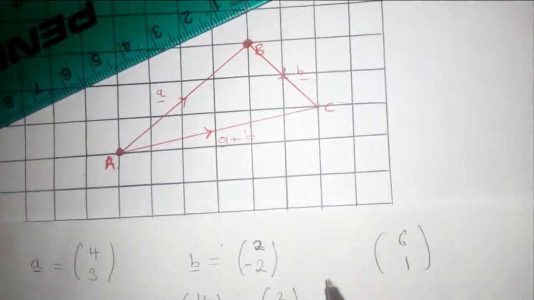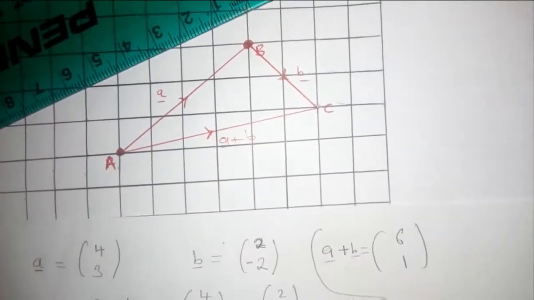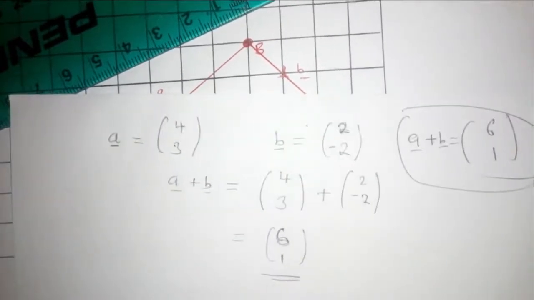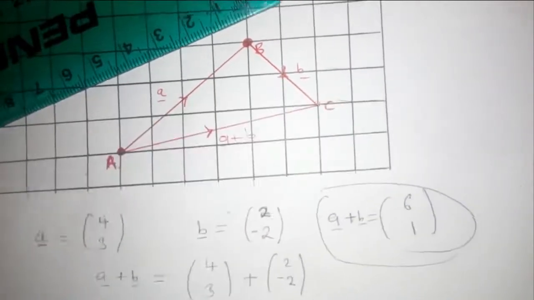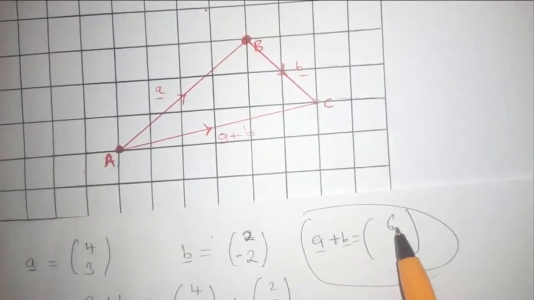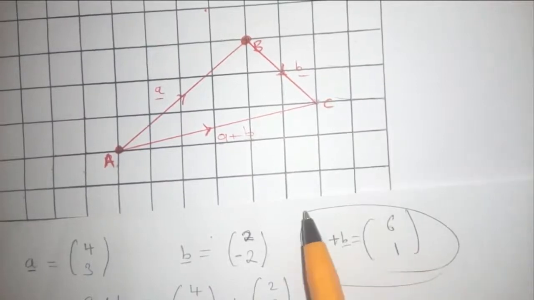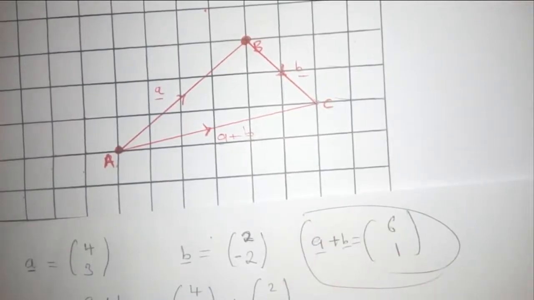Let me check, and we know that this is the vector BA. This one here is what we've just found here. So let us check here if it's true. Under the x-axis, where is it going? It's going to the positive 6 steps.